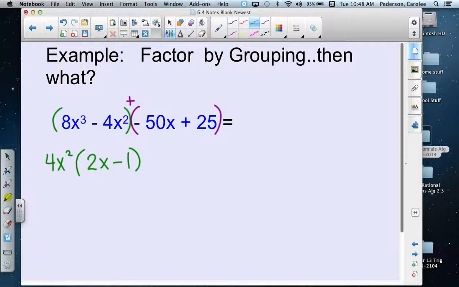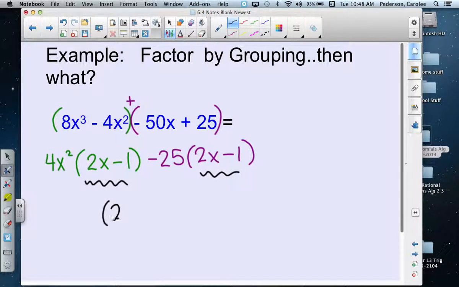In the second parentheses, I can take out a negative 25, and we're left with 2x minus 1. Just like the last example, the parentheses must match up, but that's your new GCF. Then your stuff out in front are your leftovers.